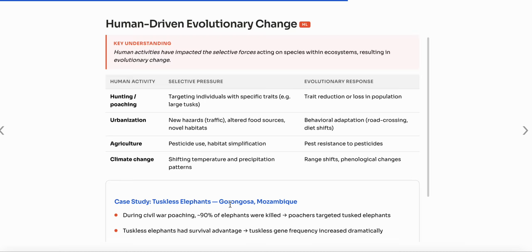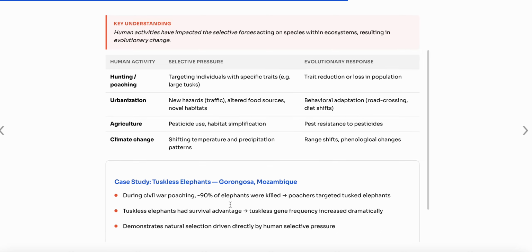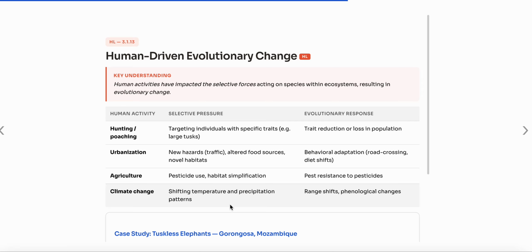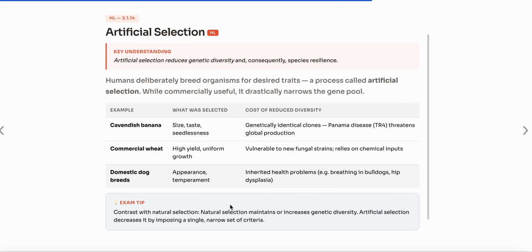In agriculture, we are using pesticides and everything, which makes the habitat simpler, so you can find certain organisms which are pest resistant. Climate change, a very common issue, results in biome shifts. All these factors are driving evolutionary change.